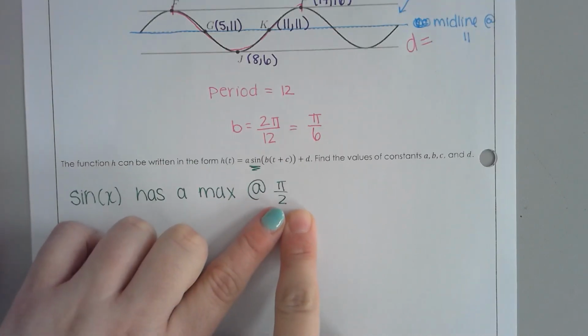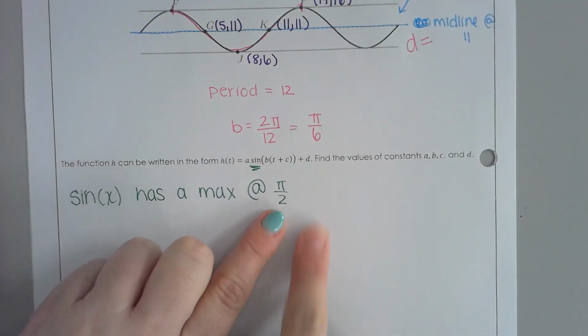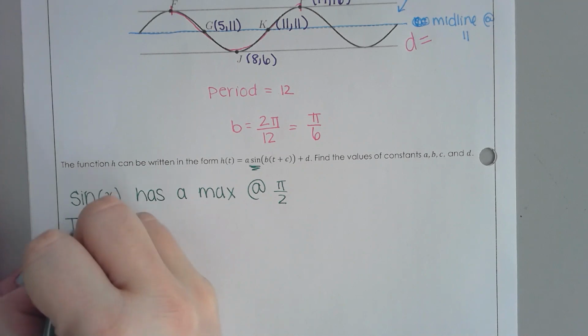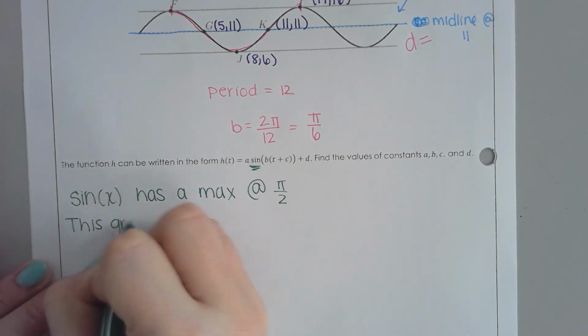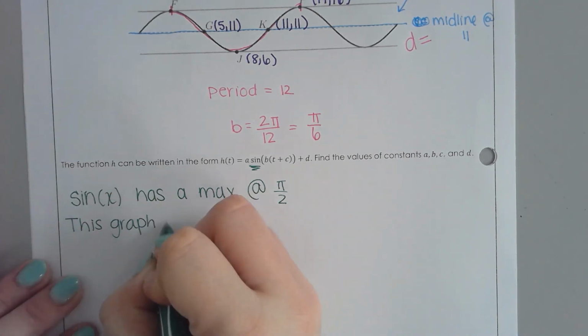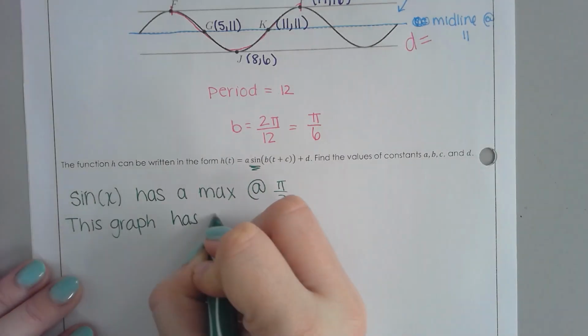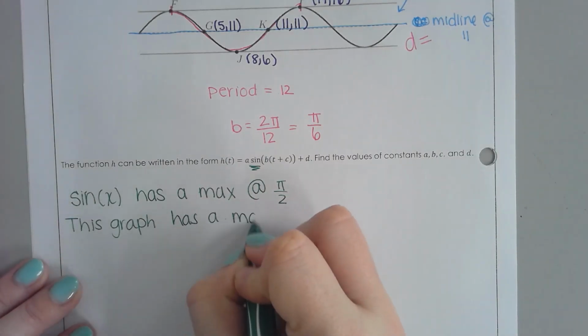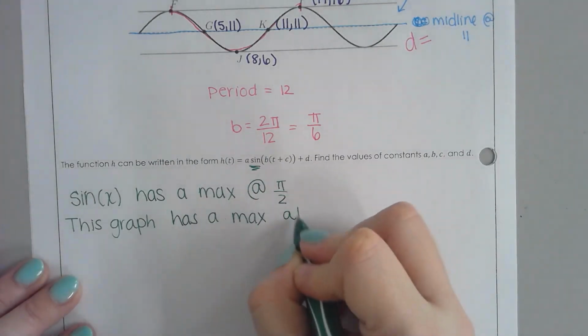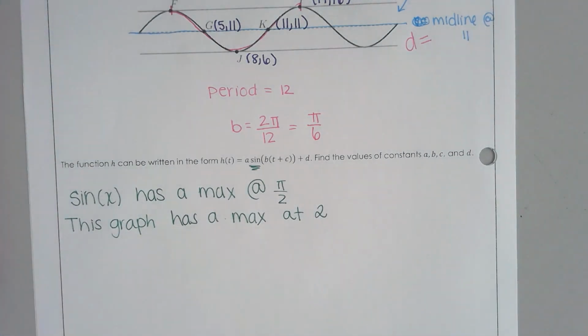So if it has a max at pi over 2, this graph has a max at 2, right here.